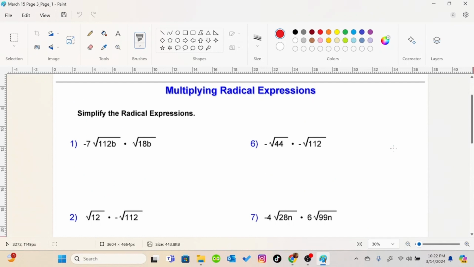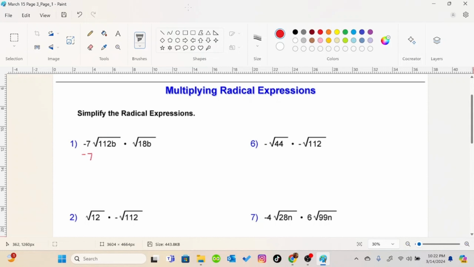Page number 3, multiplying radical expressions. Simplify the radical expressions. So first, what we can do is simplify the radicals.